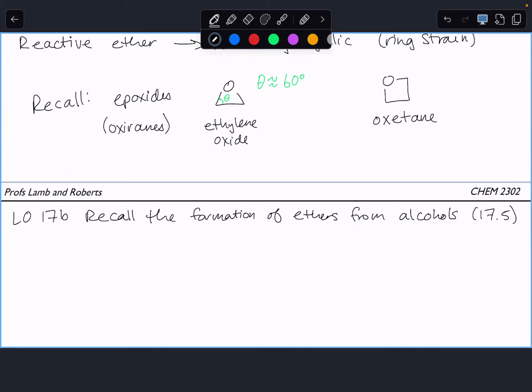One of them was from 2301, so section 8.5, where you had an alkene and an alcohol, so methanol, for example, in the presence of acid. So in the presence of acid, the alkene reacts with the acid to form a stable carbocation. So here is a tertiary carbocation, so it's quite stable.